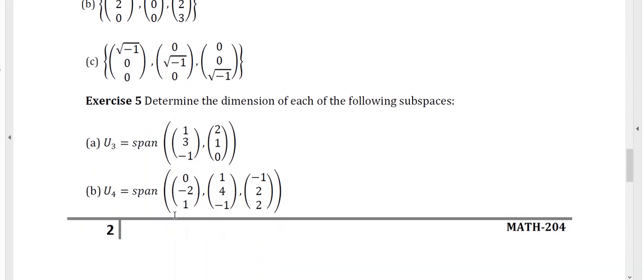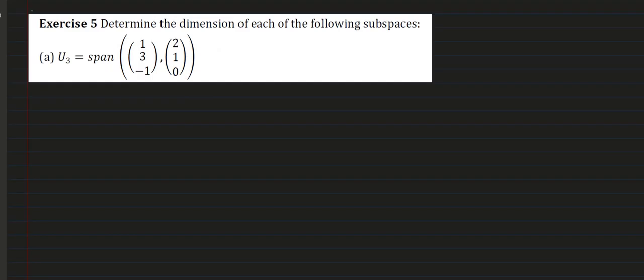Okay, in exercise 5, we need to get the dimension of some of the vectors. I will take that. Now determine the dimension of each of the following subspaces, and here U3 is the span of these two vectors. So U3 includes all the possible linear combinations of these two vectors, right?